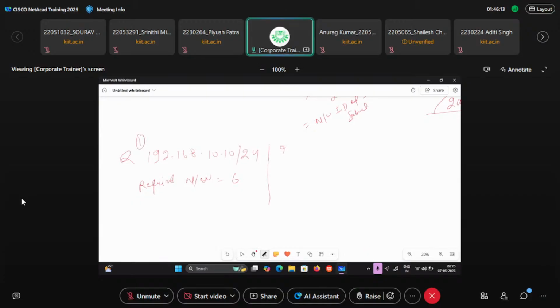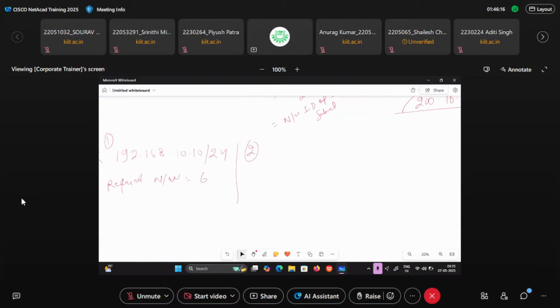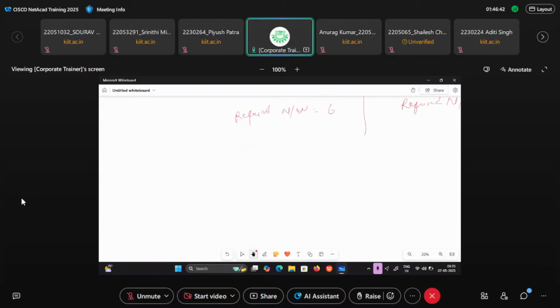सेकेंड क्वेश्चन लिखो. 200.200.100/24. Required network is 7. Okay. So on that basis, you will do the subnetting. And one more question, you can write it down.